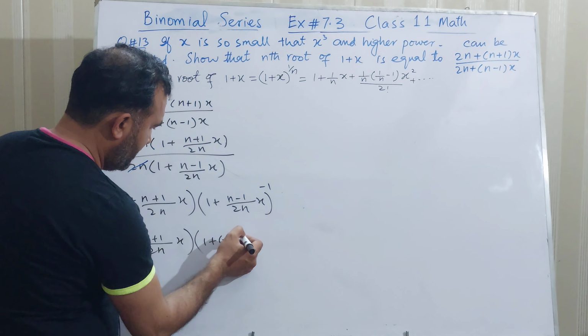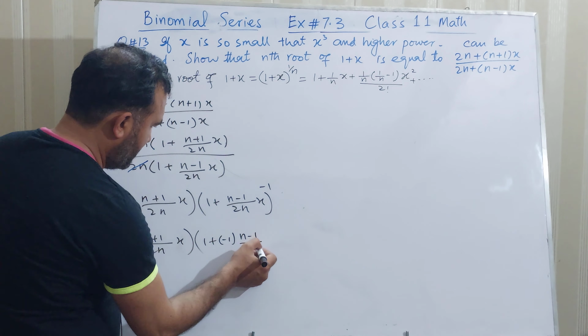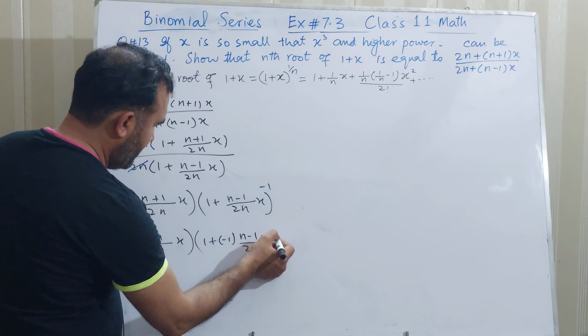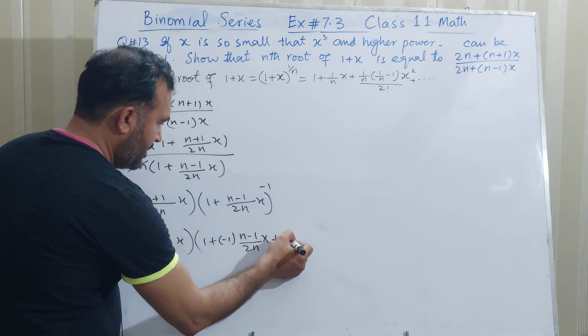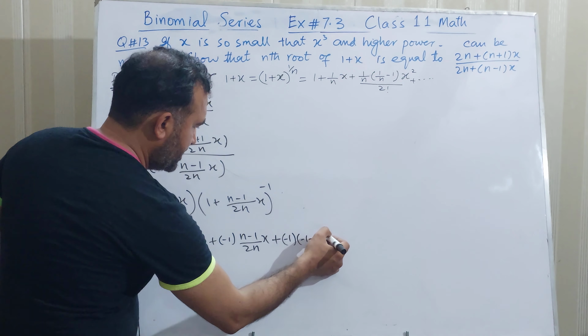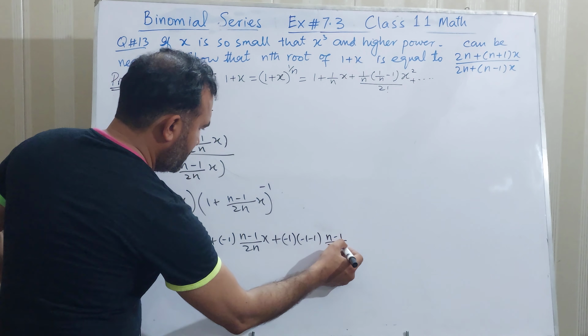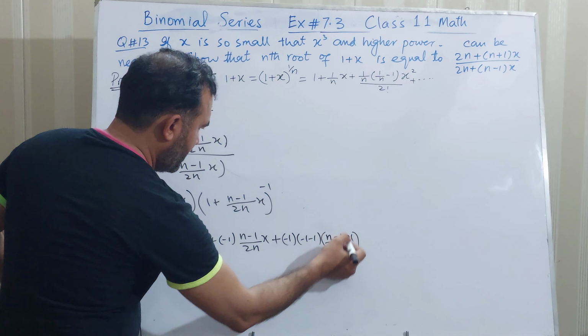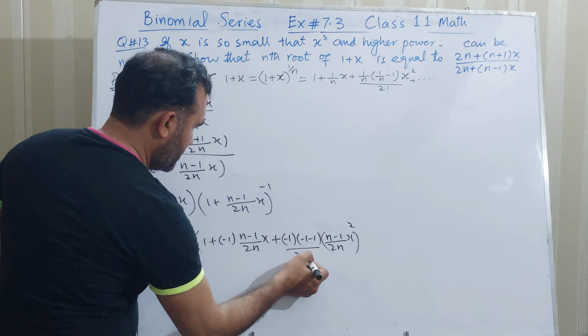So minus 1 (n minus 1) divided by 2n x, and then plus again minus 1, minus 1, minus 1, this (n minus 1) divided by 2n x squared and divided by 2 factorial.